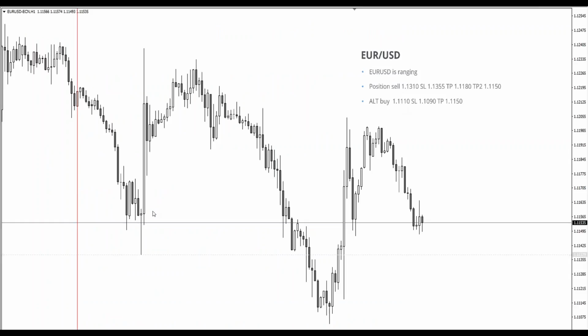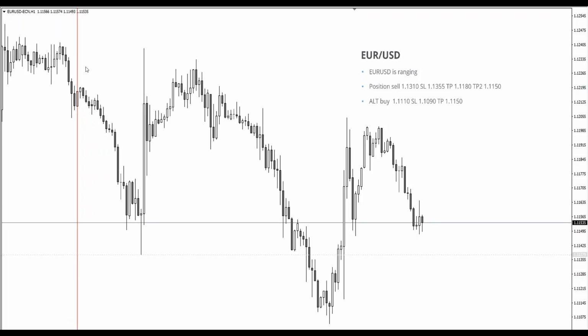But then again, it went as expected because it rejected from 1.1137 and I gave you a buy trade of 1.1110. Well, as you can see, it was close to our POC point, but again, our POC unfortunately was not hit. But as you can see, it went very close.